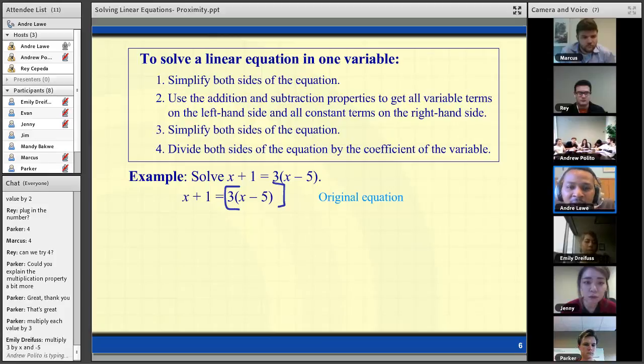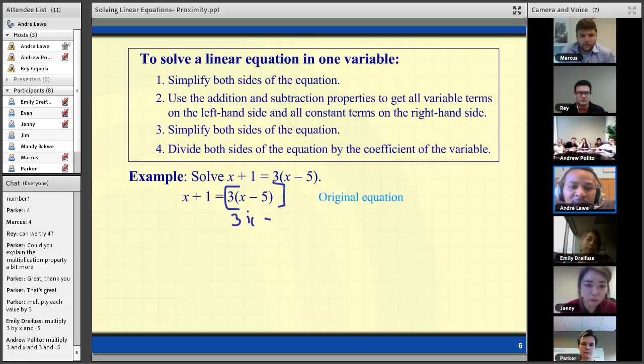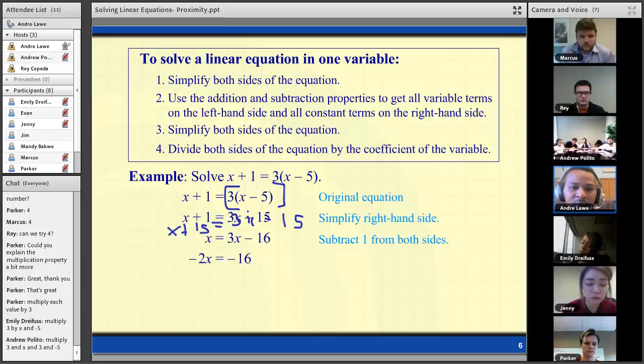Okay, so we're going to go ahead and use the distributive property. Multiply 3 by x, which is 3x, and 3 times -5, which is -15. Good. So now we have x plus 1 equals 3x minus 15. And we want to get the x on one side by itself.